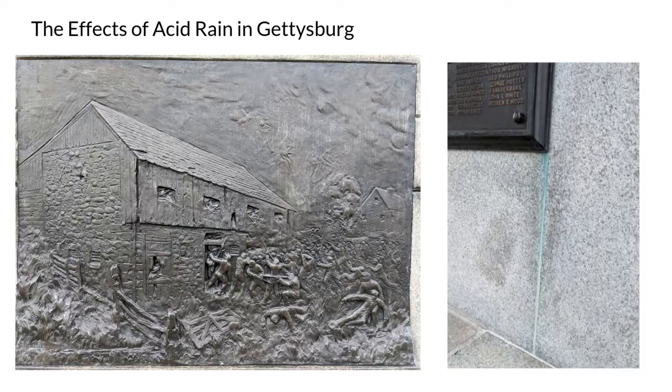In addition to damaging limestone and marble monuments, acid rain can also damage bronze and brass monuments. Bronze and brass are two types of metal that are mixtures of a couple different elements. They both contain copper, and copper can react with acid rain and get worn away as well. Some examples are in this image at the left.